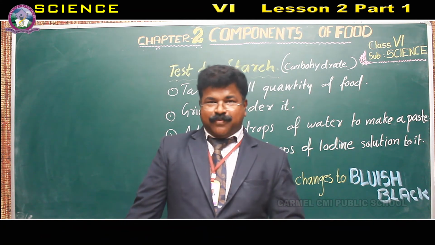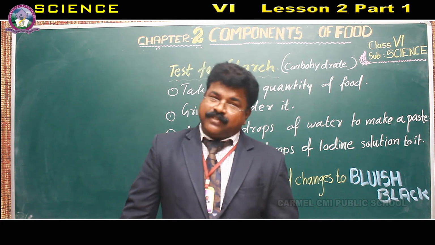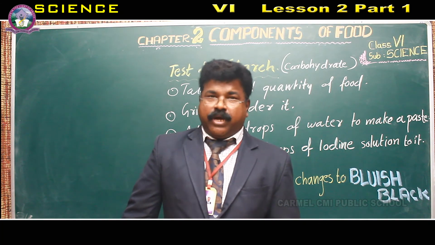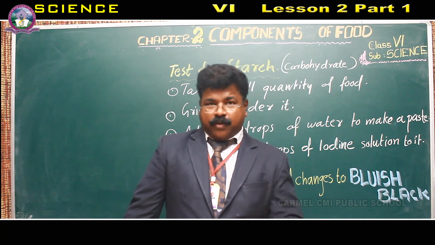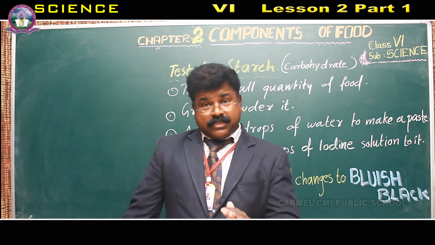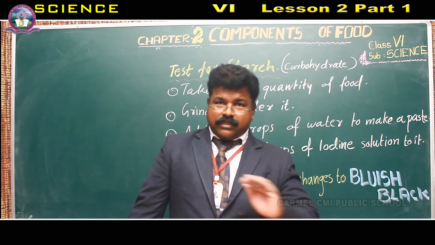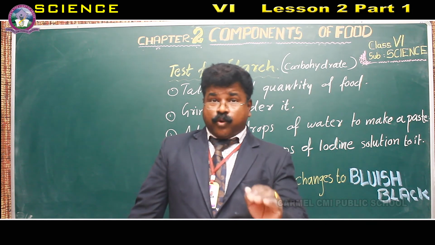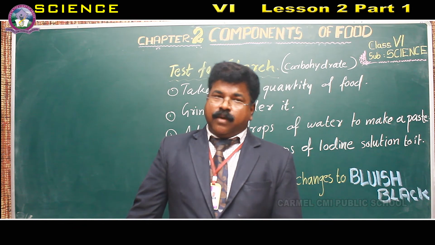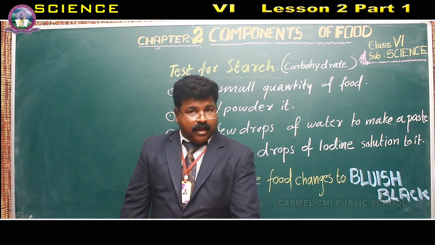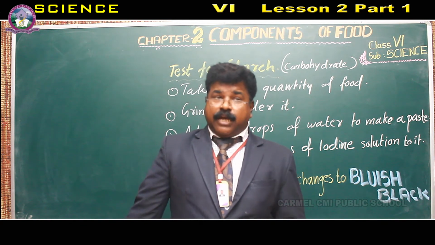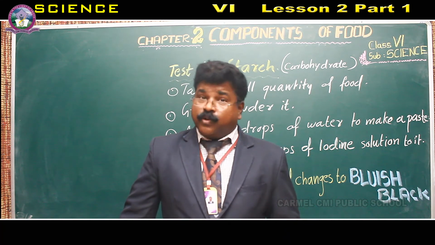Then now you will get a confusion, what is starch? Actually starch is another form of carbohydrate. The other forms of carbohydrates are starch and sugar. So chemically all these are same only, but starch is a stored form of carbohydrate. Plants are preparing food material by means of photosynthesis, and during the time of preparation it is known as glucose.